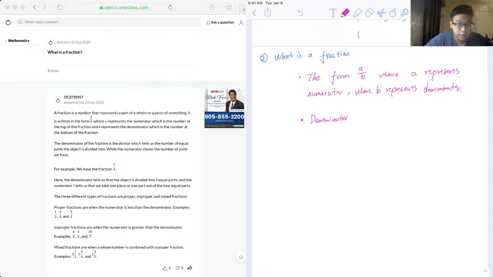So the denominator of the fraction is the divisor, which tells us the number of equal parts the object is divided into.